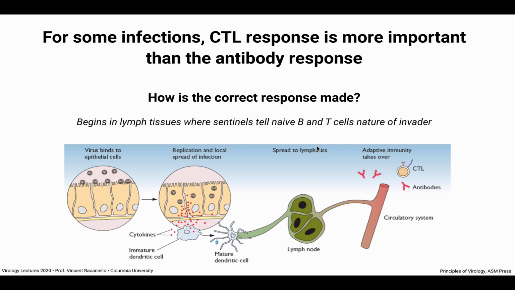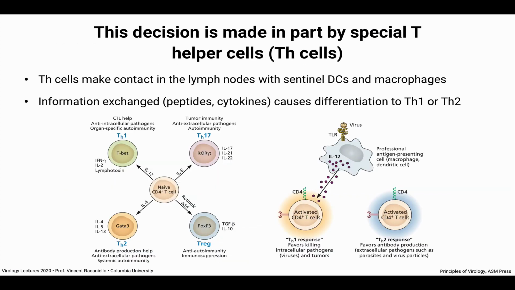So it starts there. But what's the actual information? The decision is made by T helper cells. The sentinels and the macrophages bearing antigens go into the lymph nodes. They make contact with T cells, and these pairs of cells exchange information in the form of peptides and cytokines.